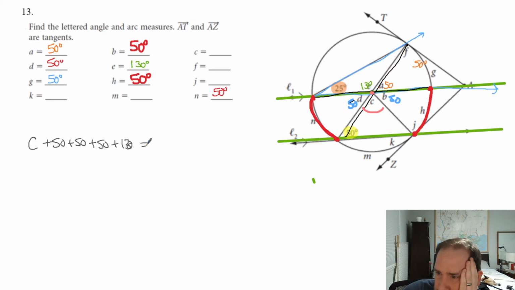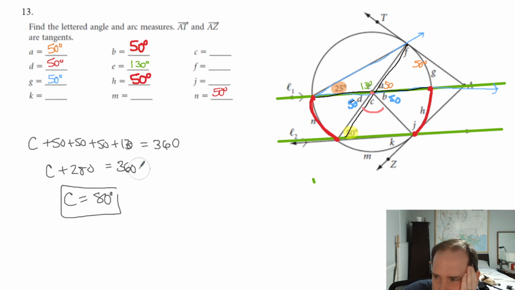Those should all make 360. So that's what, 150, 280. So C is 80? Sure.